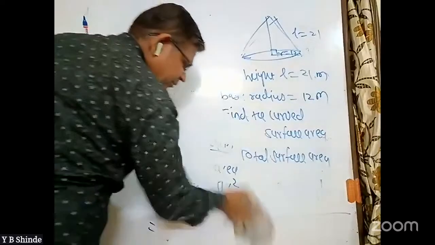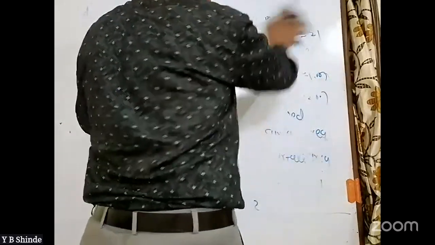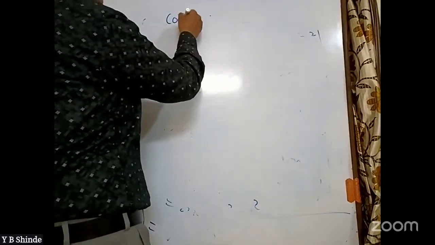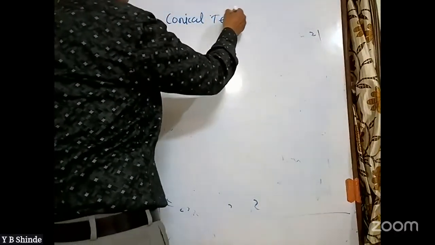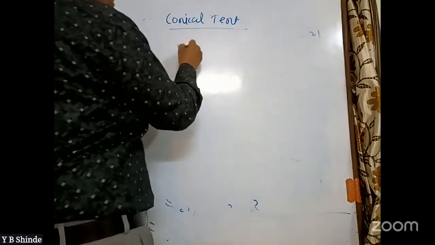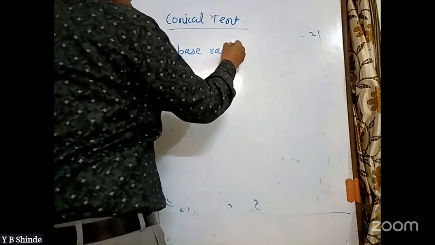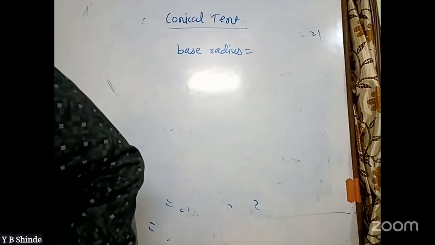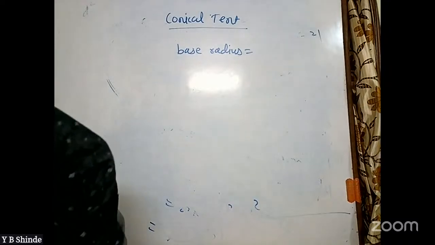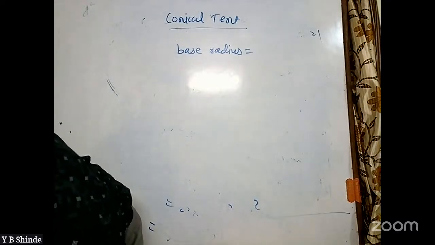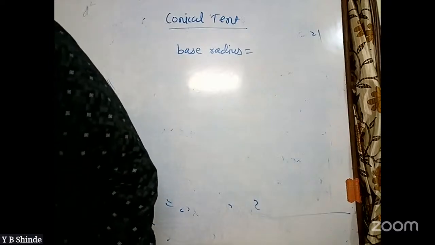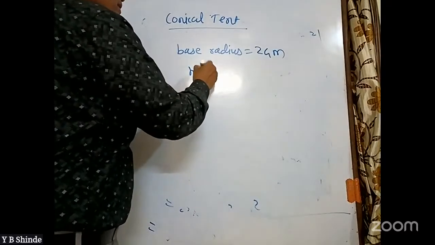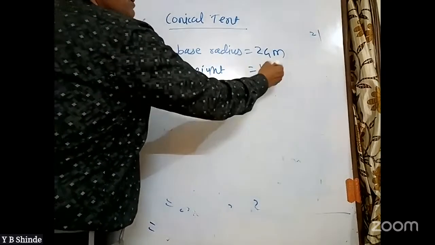I think it will become the last problem today. I don't know the time. A conical tent. Its base radius is given in the problem in front of me: the base radius of the conical tent is given as 24, and its height is 10 meter. Height means perpendicular height, 10 meter.